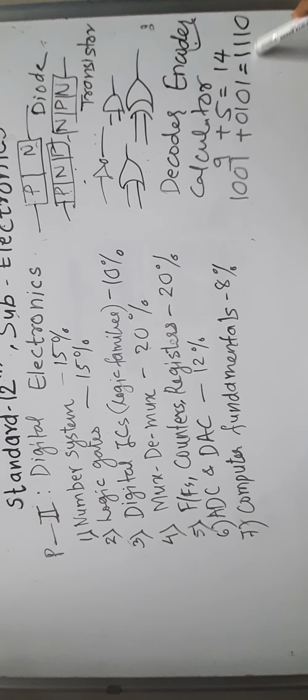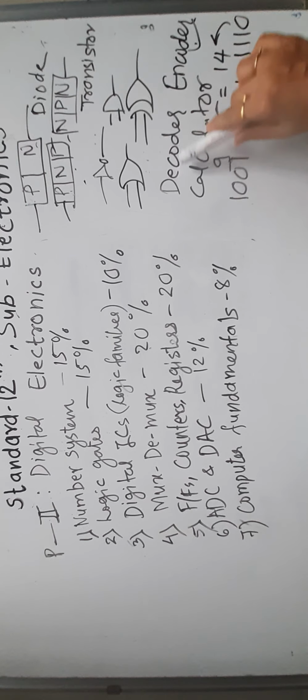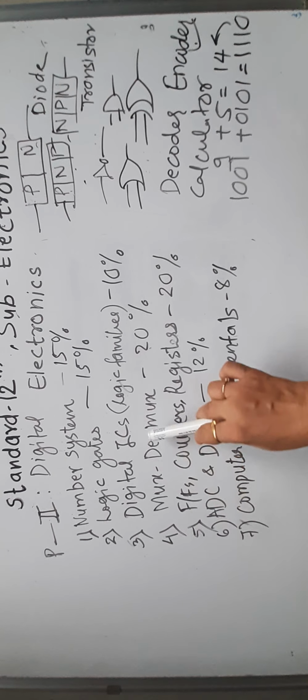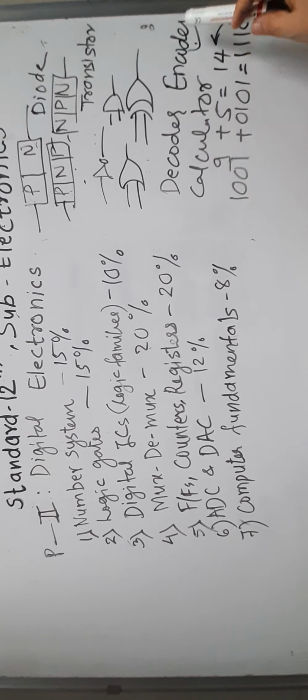If we see such a number, the user cannot understand. So there is a circuit which converts this number again into original form, that is 14. This is performed by the decoder circuit. So these four types of circuits: mux, demux, encoder, decoder. Decoder is nothing but demux. We will study this in chapter number 4.